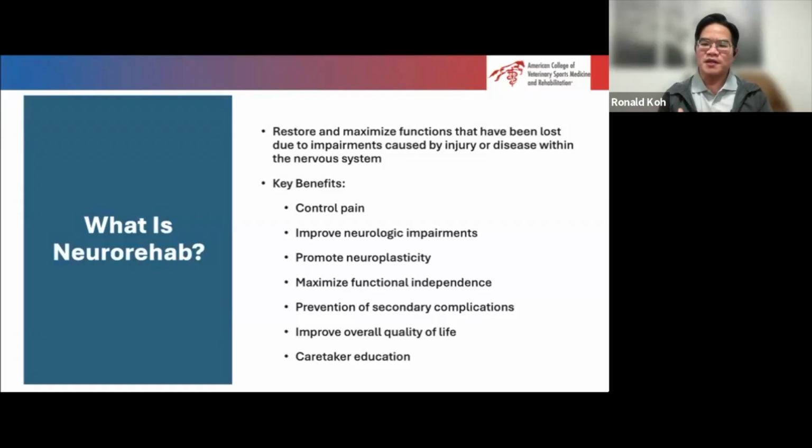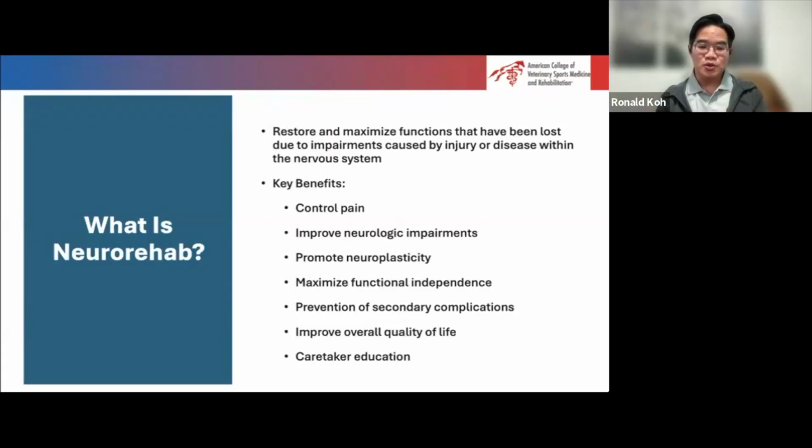We try to use some evidence-based approaches, including pain control, neurologic training, environmental supports, or even owner education.